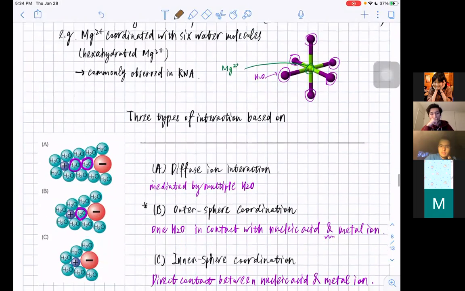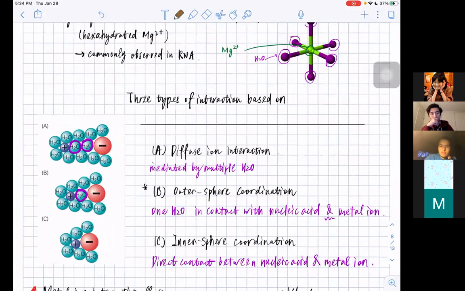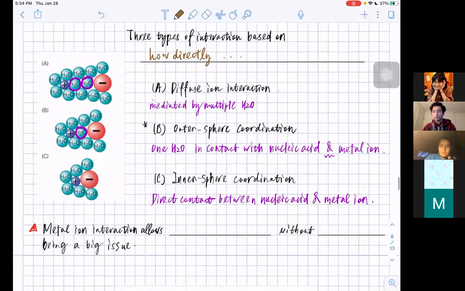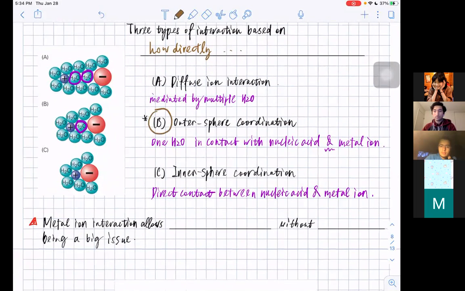There are 3 types of interaction. They are categorized based on how directly the metal ion is interacting with the nucleic acid. You can fill in by yourself. They're pretty self-explanatory just based on the figure. Notice this one is most common.